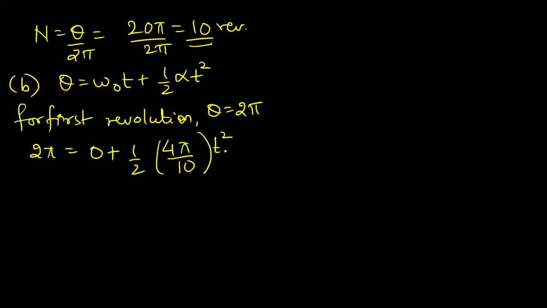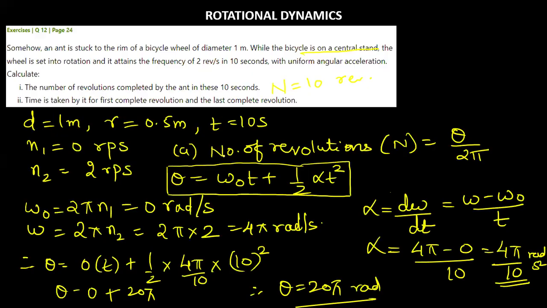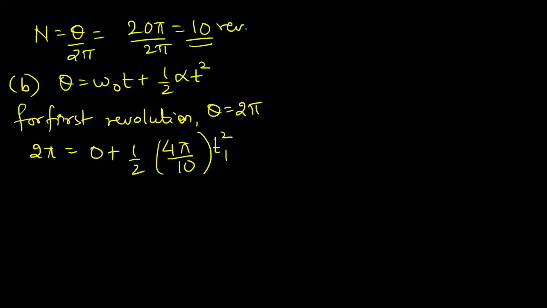I will write it as t1 and t last, because we need the time required for the first and the last. So I need to find the t1 value. When you solve this equation, you get t1 square equal to 10 seconds squared, or I can say t1 equals root 10 seconds. So you have got the value for t1, that is root 10 seconds.